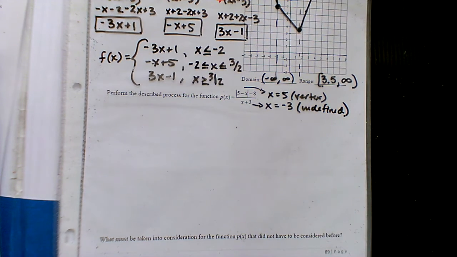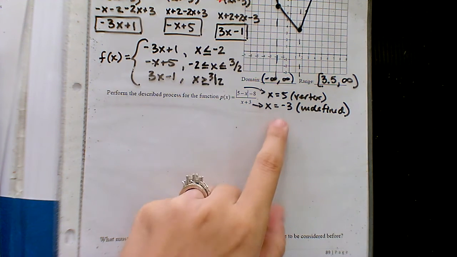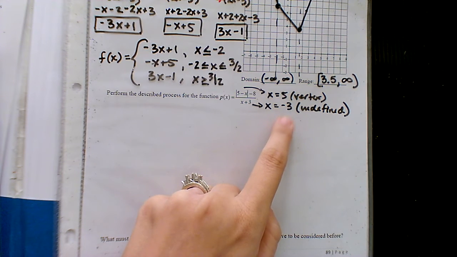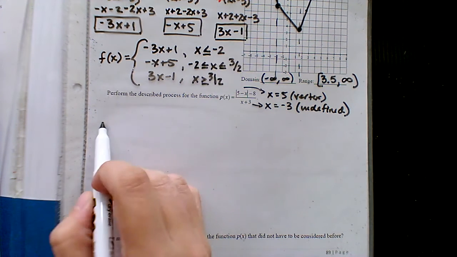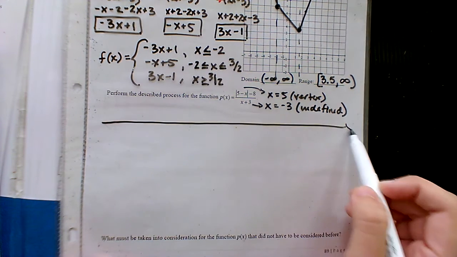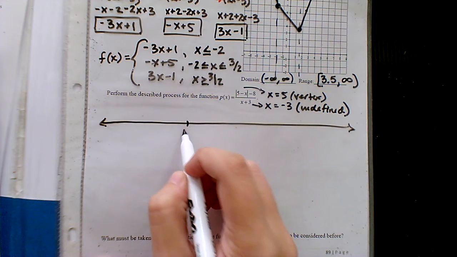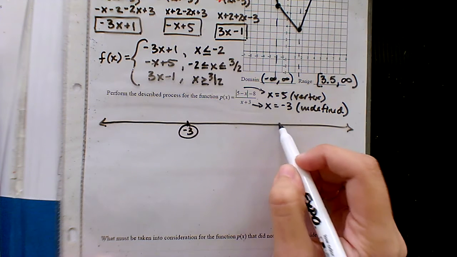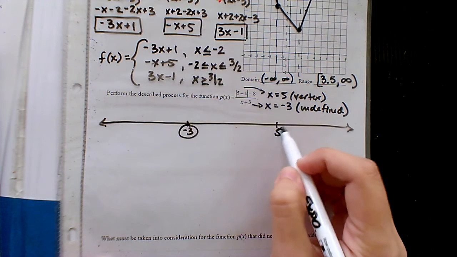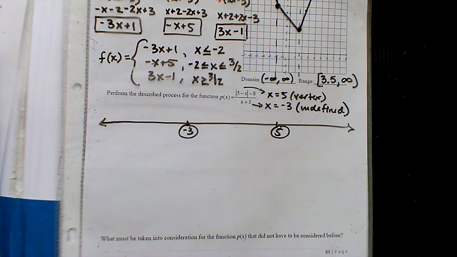What's a little bit different is we're actually going to use these two values on our number line, because there's special x values that we want to be aware of. Where are we undefined and where do we have a vertex? This is something new because we've never had an undefined example before. So we're going to do a nice big number line and write in -3 and 5.